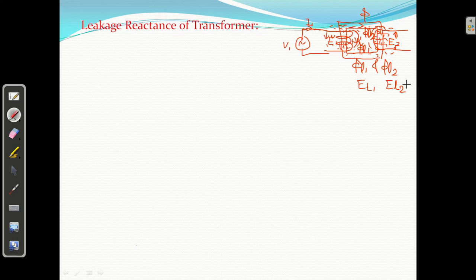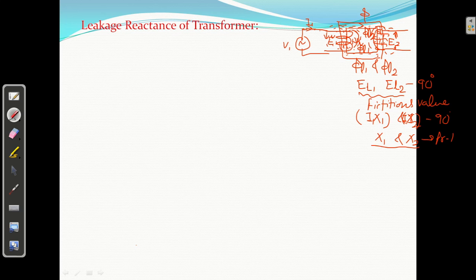These two drops will be there, they will lag by 90 degrees. It means we are assuming fictitious quantities, imaginary values, x1 and x2, in such a way that I x1 and I x2 are the voltage drops, and we know the voltage drop in a pure inductive circuit lags the reference by 90 degrees. So we will assume a fictitious value x1 and x2 in the case of a practical transformer.